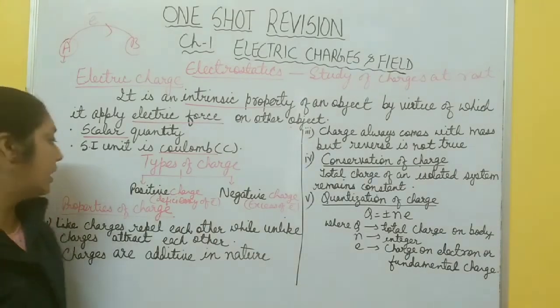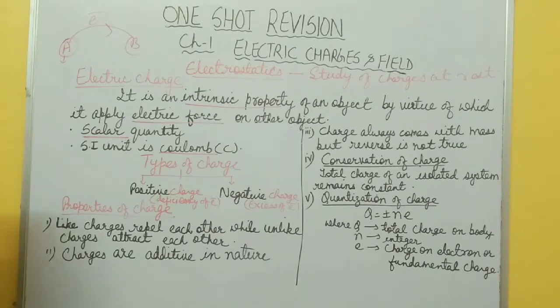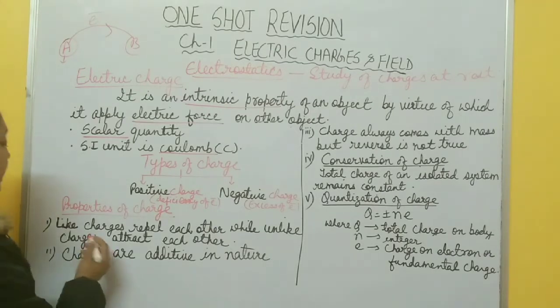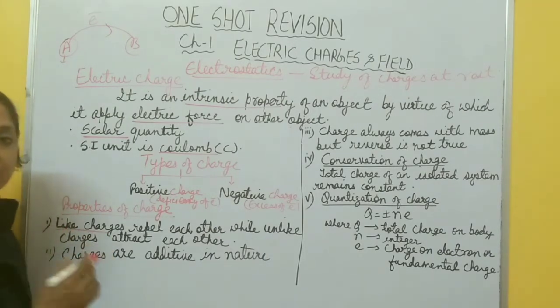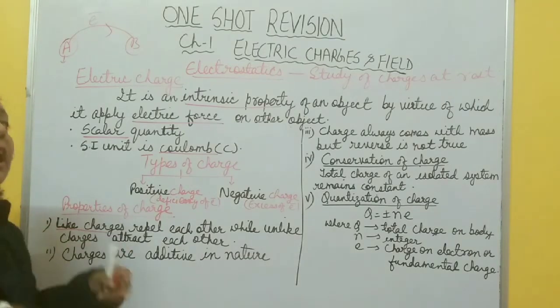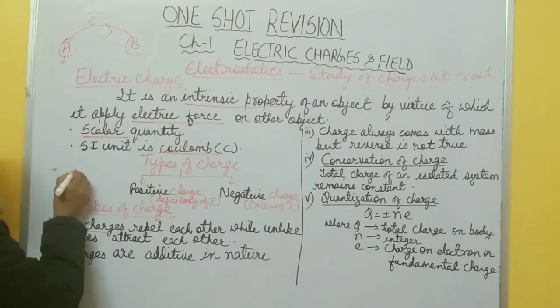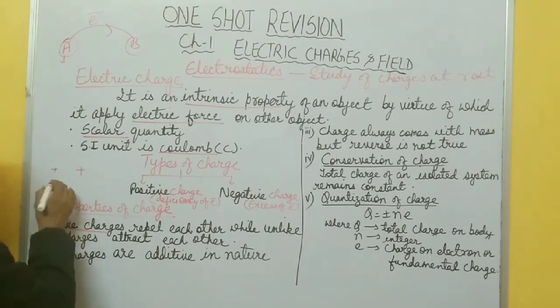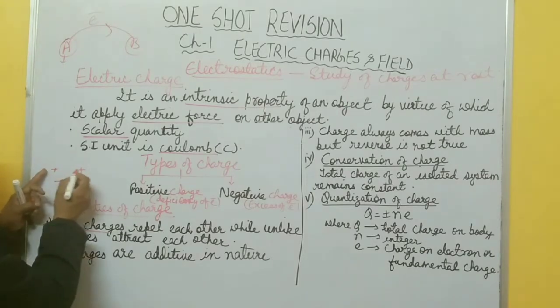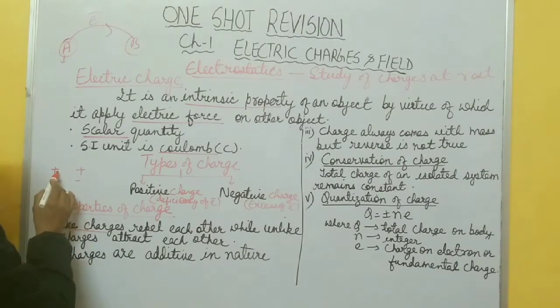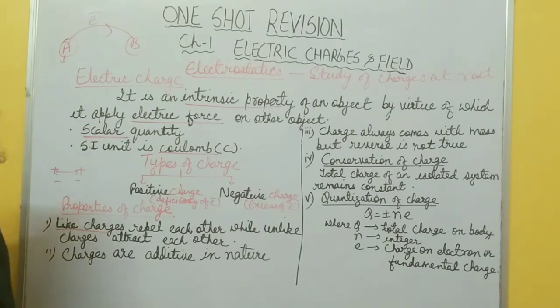Now there are different properties of charge. First one is like charges. Like charges means either both are positive charges or both are negative charges. Suppose there are two positive charges or two negative charges. If these two charges are present, then they exert force on each other. And what type of force? Repulsive force.